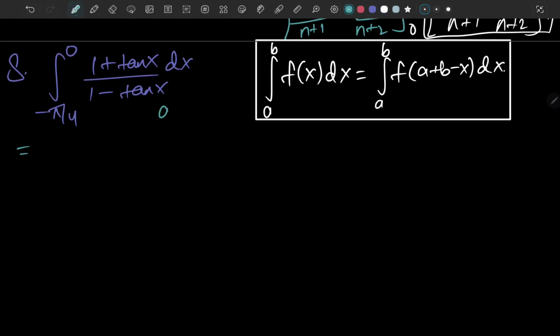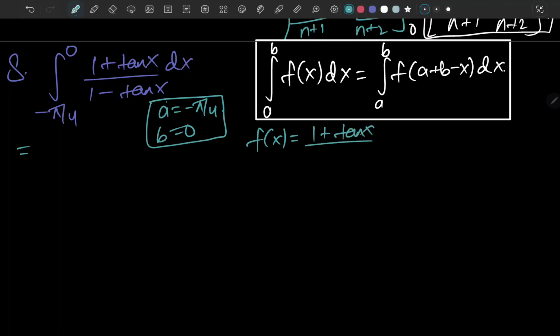And how are we going to use this property in this specific integral? Well, a is negative pi over 4 and b is 0. Just use that. And f of x, you might know about that, but let me tell that also, I don't mind. So that's the property we are going to use.